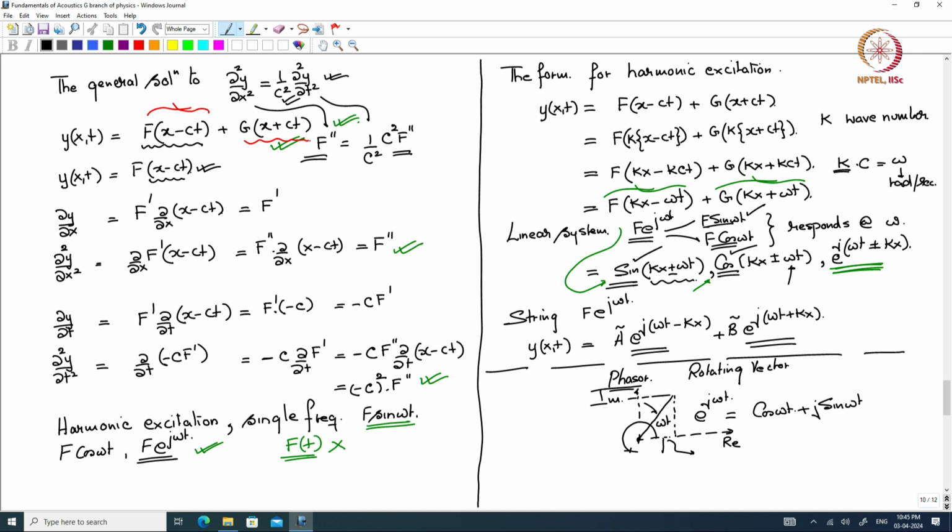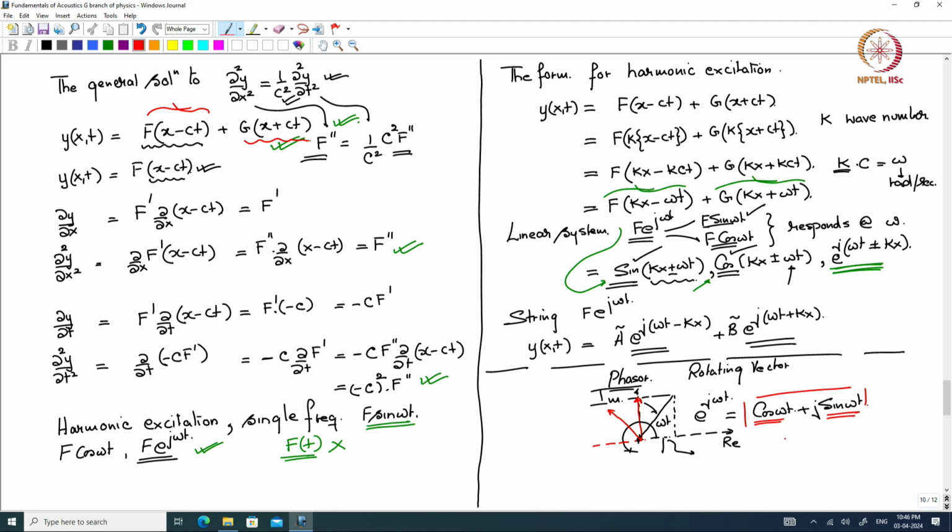Okay. So, as this vector rotates, its projections will change. So, you will get both the component on the x axis and y axis simultaneously. That is why we use a complex notation.